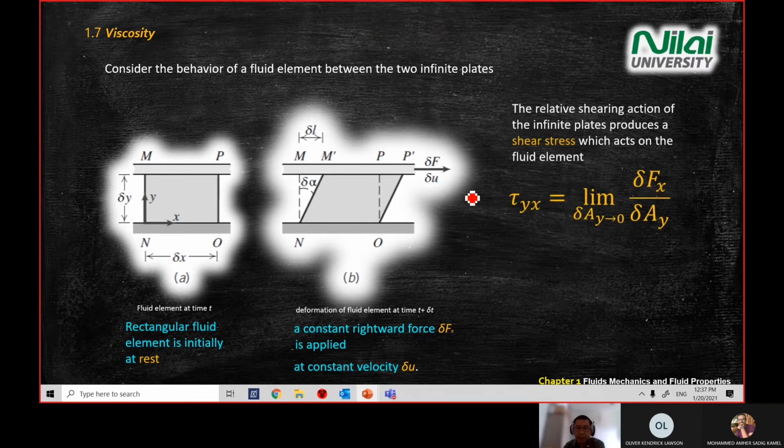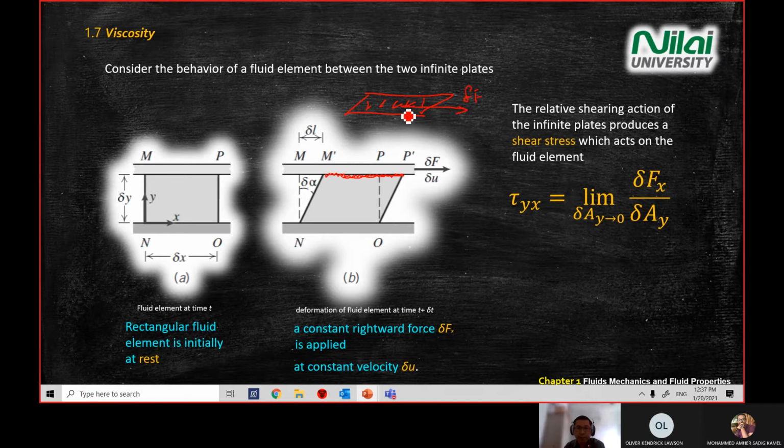Now we will try to define shear stress again. Shear stress is the stress created by the force that goes parallel to the area. The area that we're looking at is here. If you want to draw in 2D, it's the area and the force is parallel.